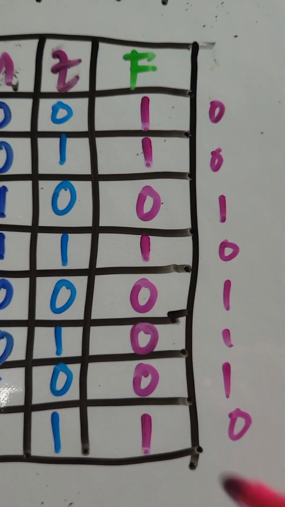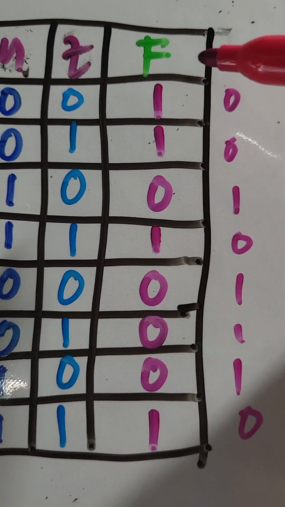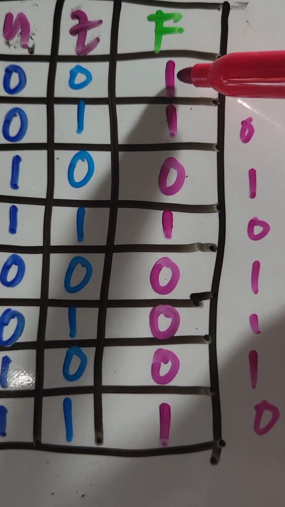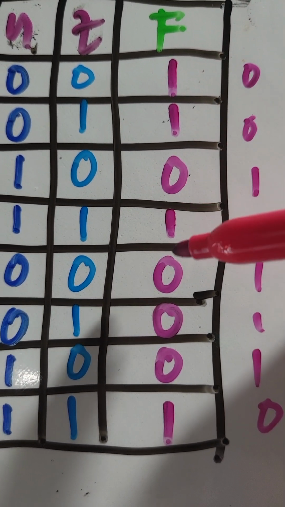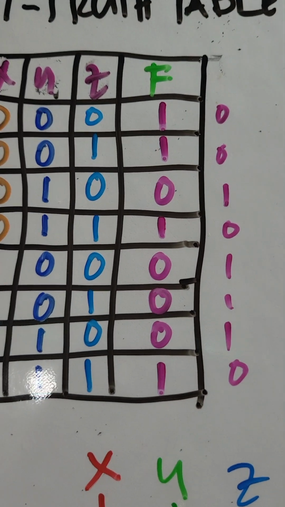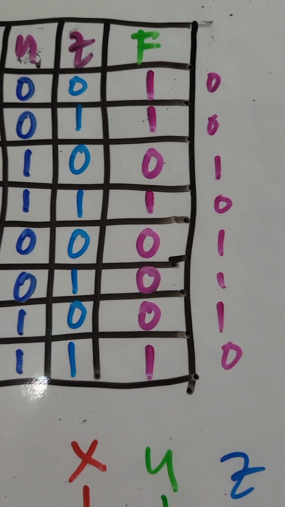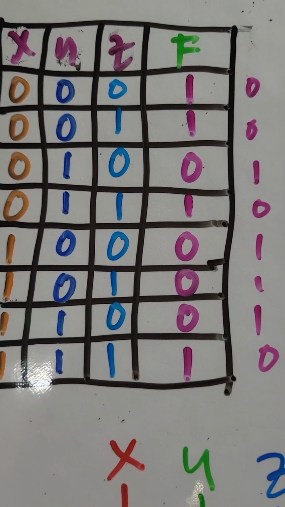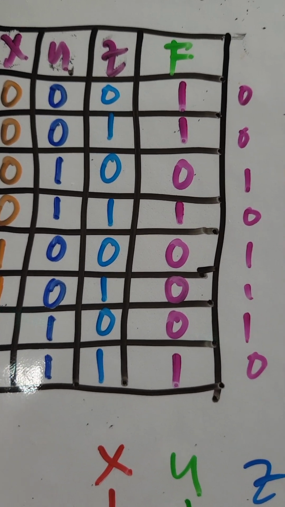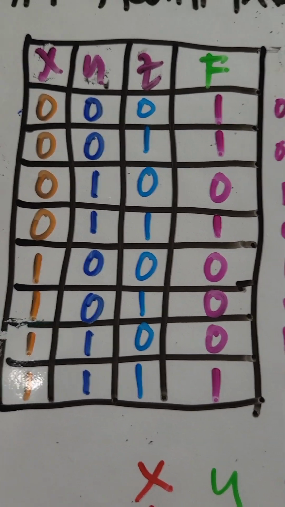So this time we reverse or invert it to 1 1 0 1 0 0 0 1. So we'll see, guys, if we can make a circuit out of that output and combination of inputs.